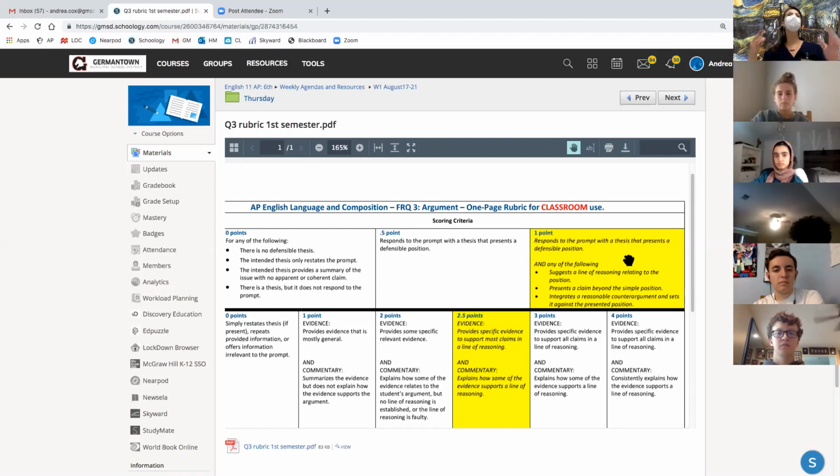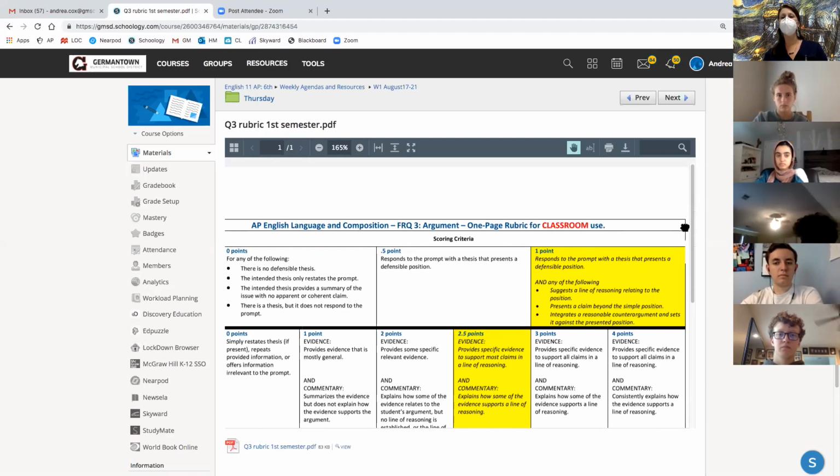And that just means you have to make a more nuanced thesis. Think outside of the box, think bigger picture. And then the third one is integrate a reasonable counter argument and set it against the presented position. And almost every single one of you guys did that. It's very evident that Ms. McKinney and Ms. Holden taught you guys last year to write an although or despite type thesis. Okay, so pretty good on that.